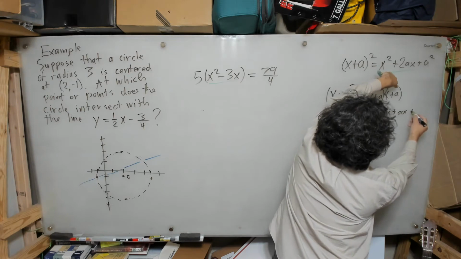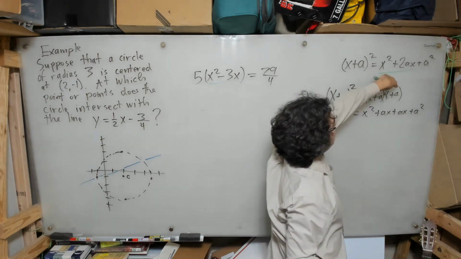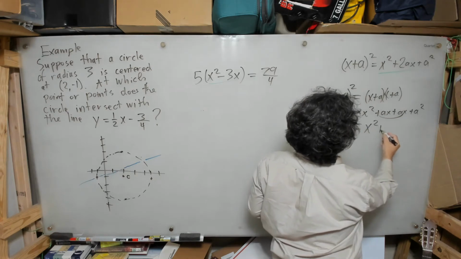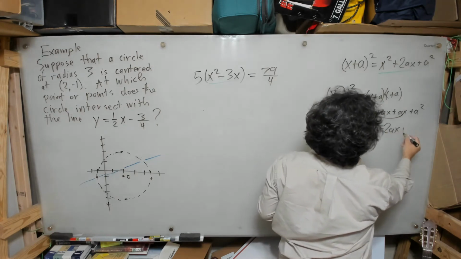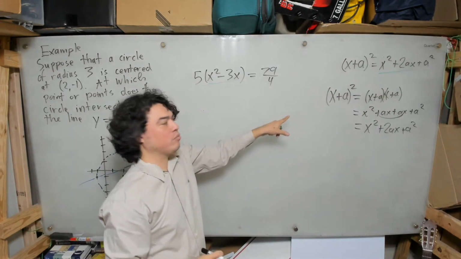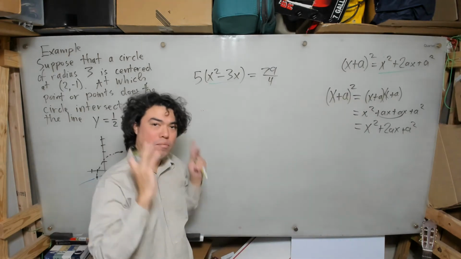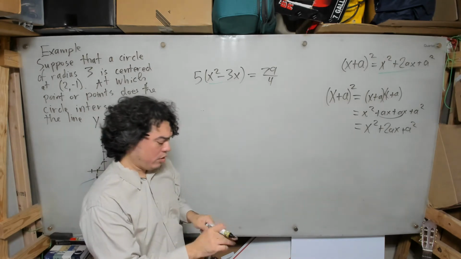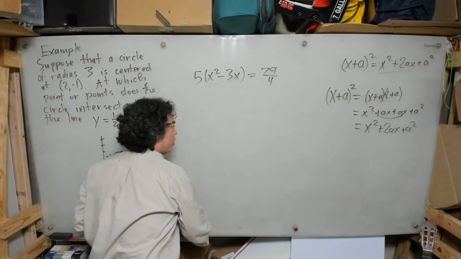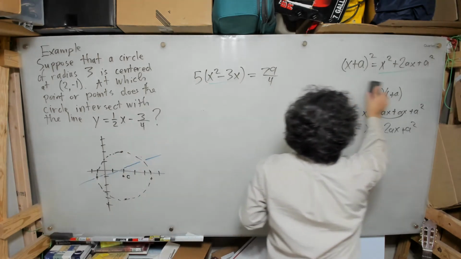And then a times a is plus a squared. Then, of course, I combine these like terms, and I get x squared plus 2ax plus a squared. I wanted to show this to you explicitly again to remind you that you don't have to memorize the formula I'm using. You can always just derive it when the time is needed. Okay, so let me get rid of this for a moment.